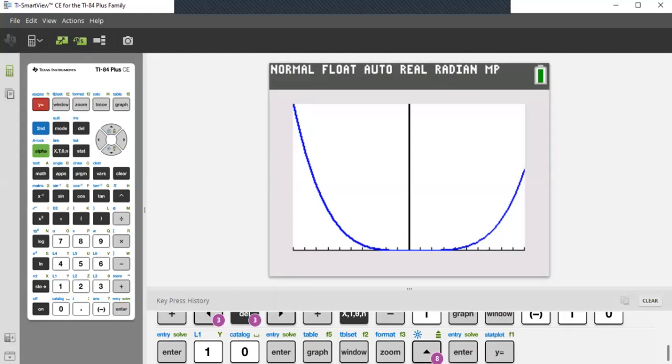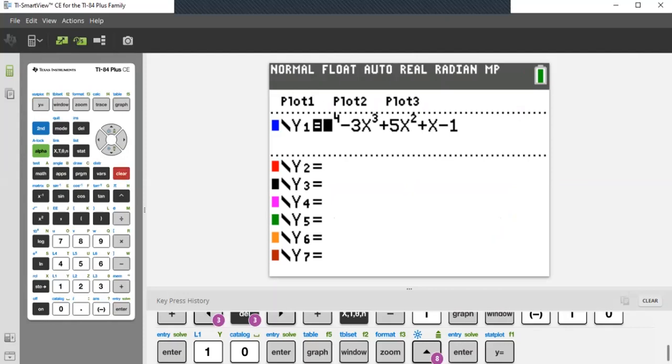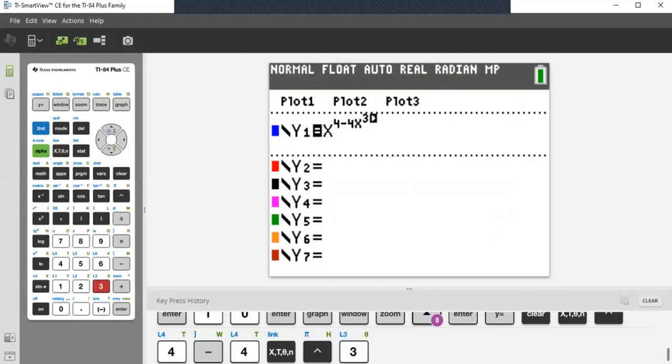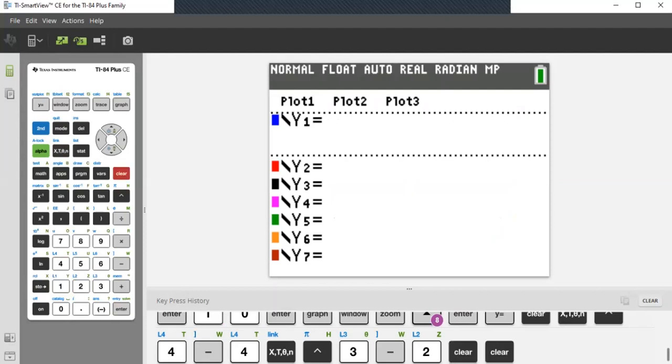So I want to look at this function. So let me clear this out. And we want to look at x to the 4th minus 4x to the 3rd minus 2x squared.